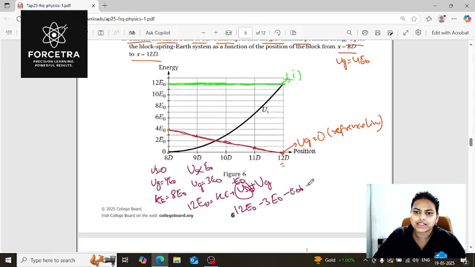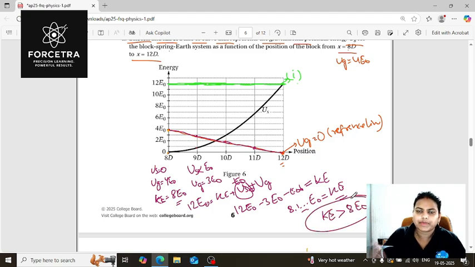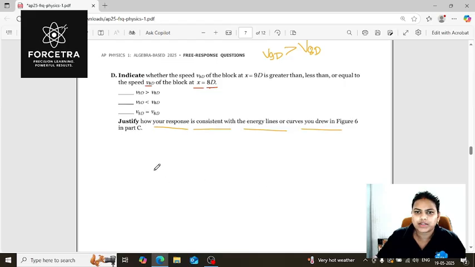So that would be equal to kinetic energy. So the kinetic energy would be 8.something, some value times E naught. So this kinetic energy, if you see, is 8 E naught in the first case at 8d, and at 9d the kinetic energy is somewhat greater than 8 E naught. So that is the explanation for this.